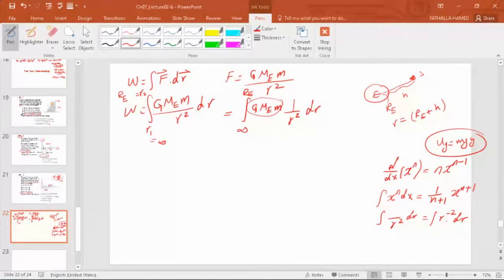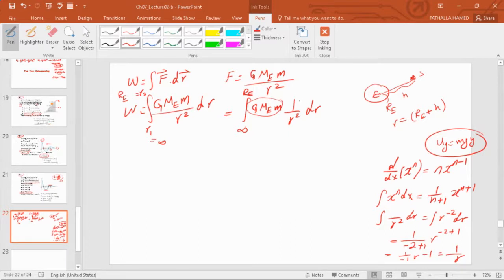Now, if you want to integrate that, it is equal to 1 over minus 2 plus 1, times r raised to the power minus 2 plus 1. That, of course, will give you 1 over minus 1 times r to the minus 1, and that basically gives you 1 over r, because r raised to the power minus 1 is 1 over r.